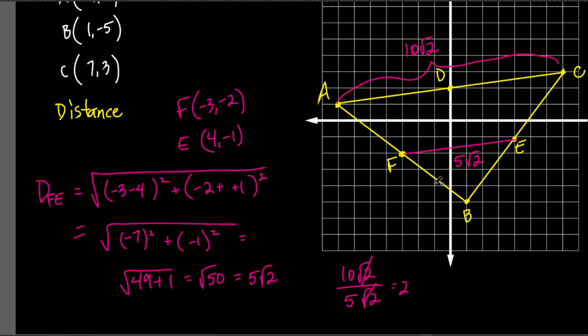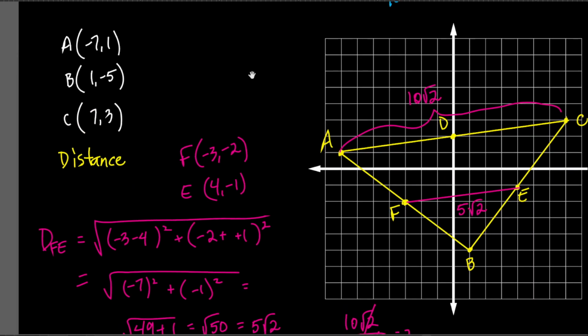Let's see. What else? Oh, the slopes. Let's see if they're actually parallel to each other. So what are we going to do? Let's do some different colors so we don't get all mixed up. Let's scooch it up here. Let's find the slope of AC. So slope, M equals. Remember how to find the slope? Rise over run, subtract the y's of AC.